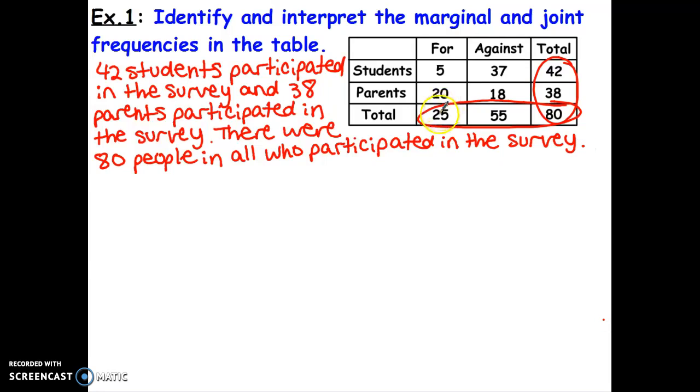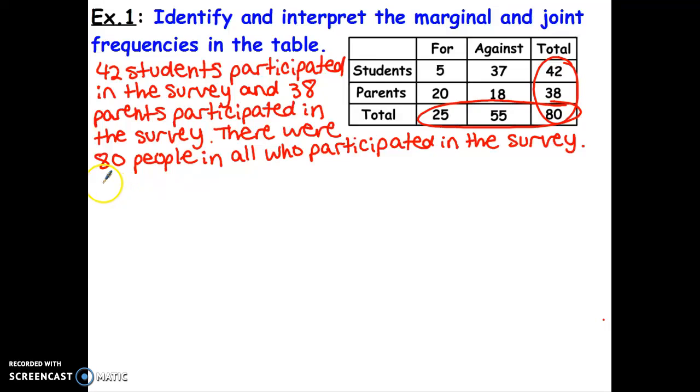All right, now let's take a look at the 25 and the 55. This 25 tells us that there were 25 people who were for removing the juice machine, and this 55 says that there were 55 people against removing the juice machine.